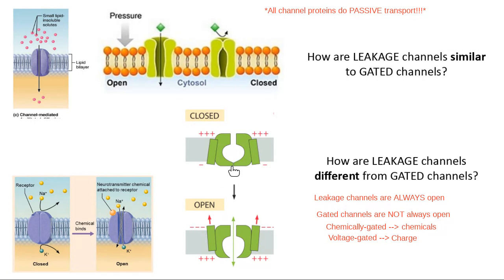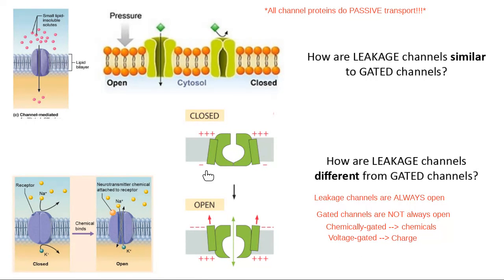Here's my gate down here at the bottom of this channel. Notice that in normal circumstances, when it's negative inside and positive outside, this channel is closed, that gate is in place. When it becomes positive inside the membrane, that gate opens, creating this channel for things to pass through.